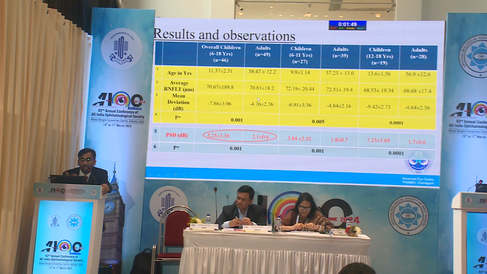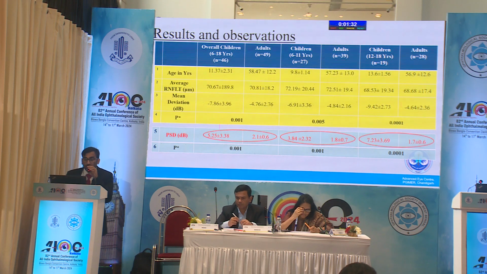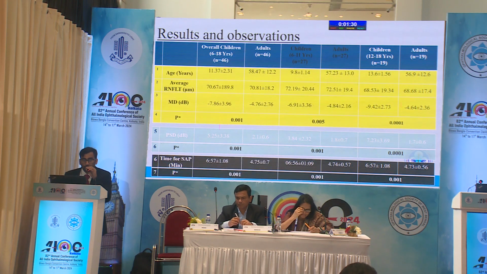That means the children have much worse functional results compared to their adult counterparts. The children also have much higher PSD compared to adult patients with similar RNFL thickness. Of course, the adults performed the visual field faster compared to the children, as we expected.